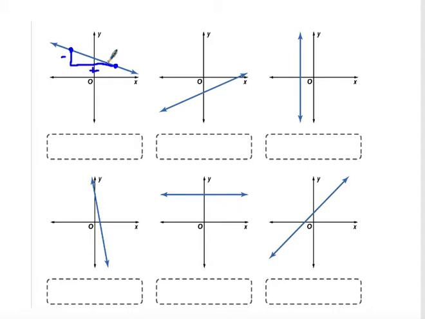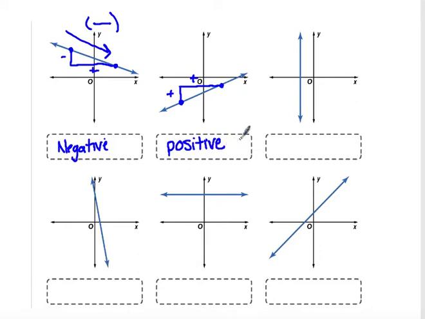So a negative divided by a positive would result in a negative slope. So going down the hill is a negative slope. Same thing here. If I pick 2 points to get from one to the other, I'd have to make a positive change and a positive change. So this line would give me a positive slope.